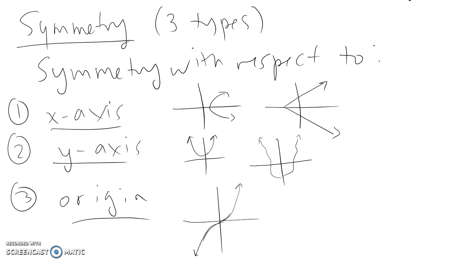Symmetry with respect to the origin sometimes is called rotational symmetry. So the idea is if you took a piece and rotated it all the way around, 180 degrees, the piece that you rotate looks like it would become the other piece in an opposite quadrant.